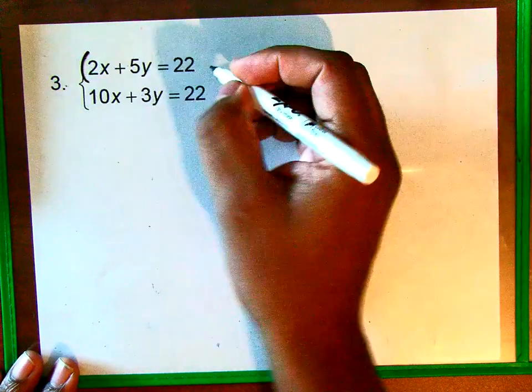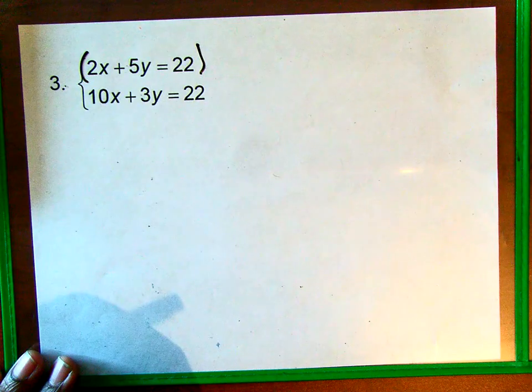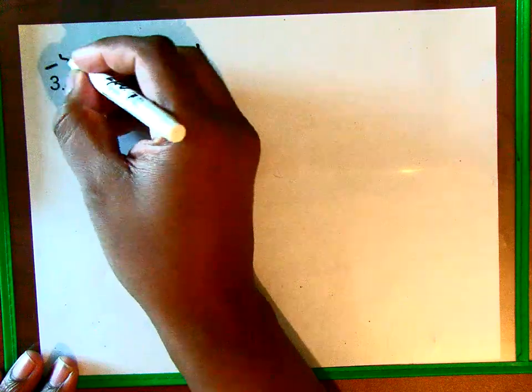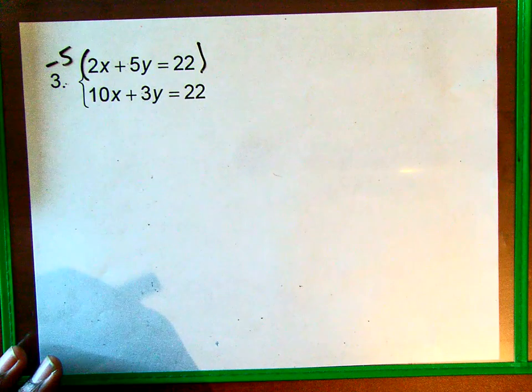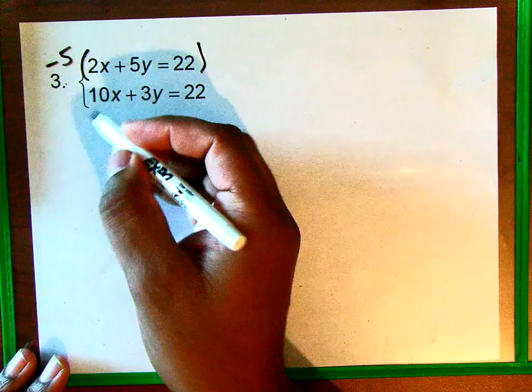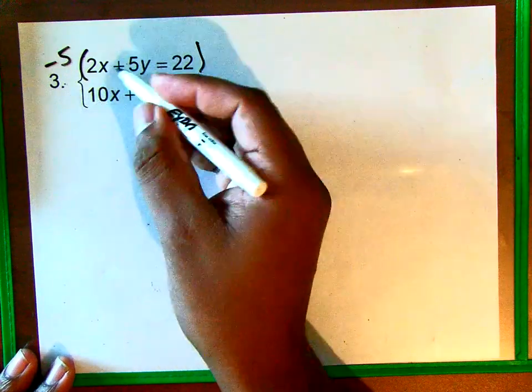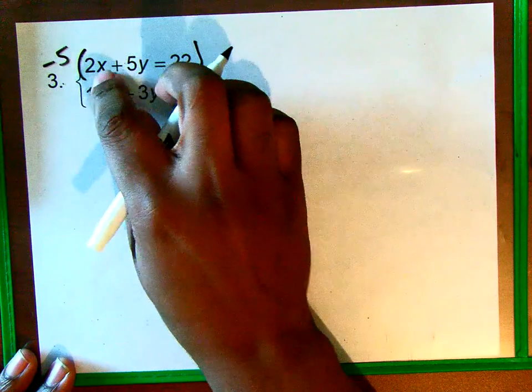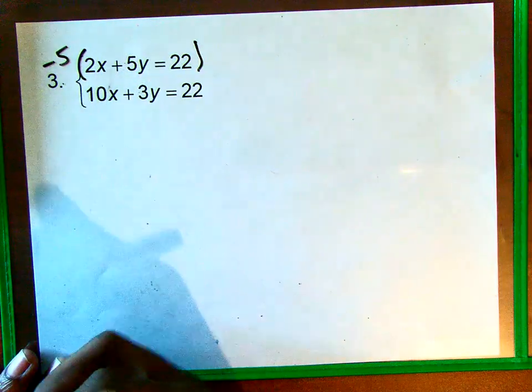So here I'm going to multiply this by -5. And that's going to get me a -10 here, which will add with this positive 10x and cancel out.